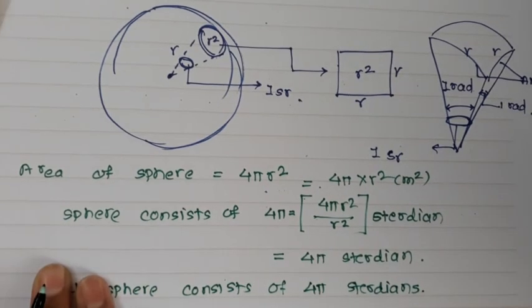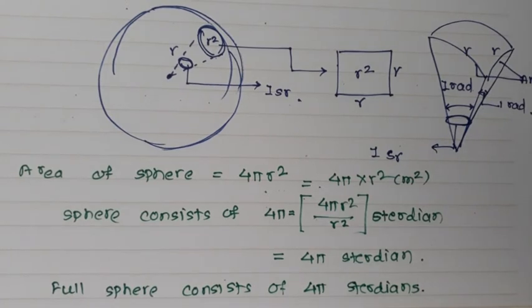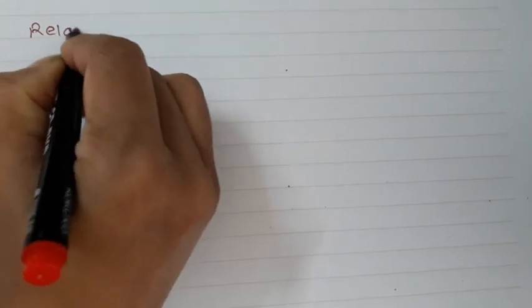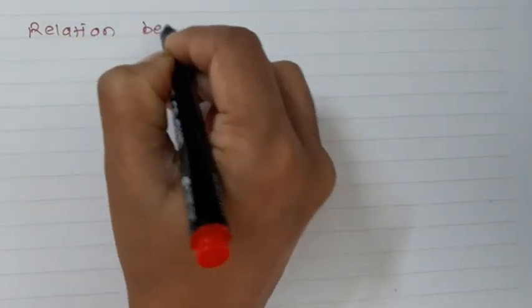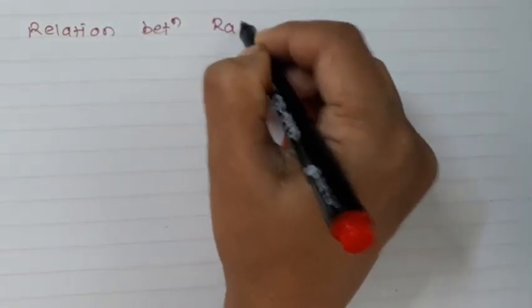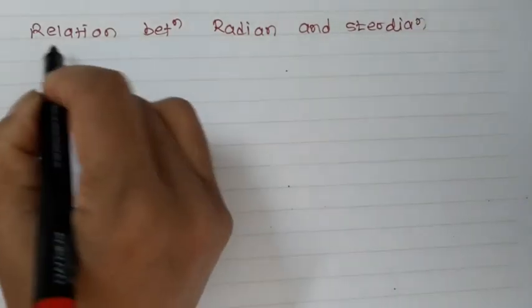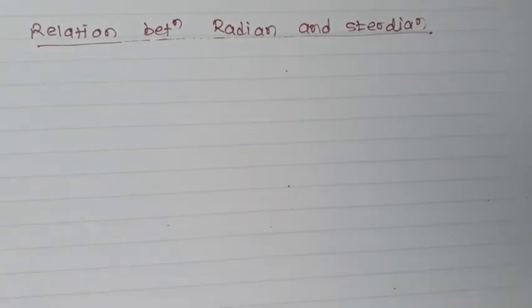So here we have seen the radian, and here we have seen the steradian. Now let us understand the relation between radian and steradian.